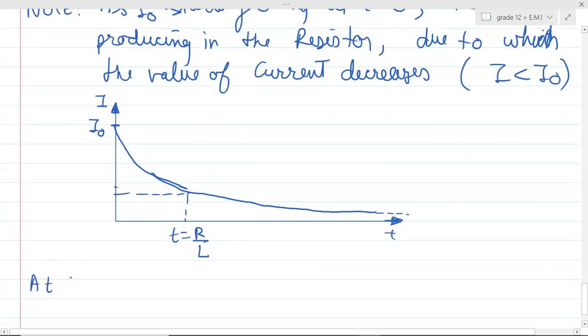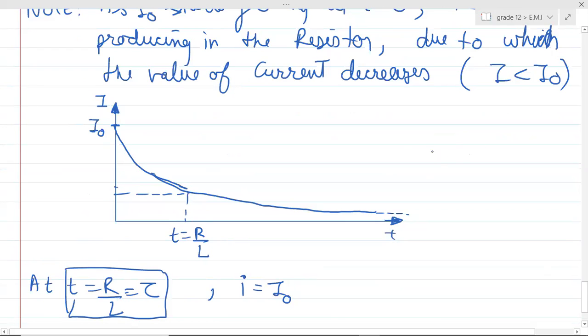So at time t equals R by L, which is defined as the time constant for this, the current will become I naught. What was the formula? I is equal to I naught into e to the power minus R by L into t. So we'll put t equals to, sorry, R by L or L by R?